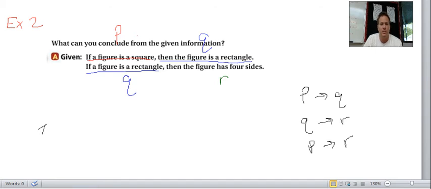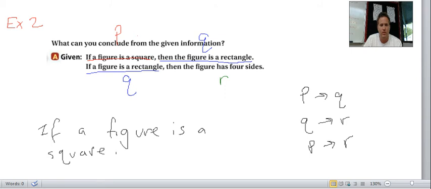We would say if a figure is a square, then the figure has 4 sides.